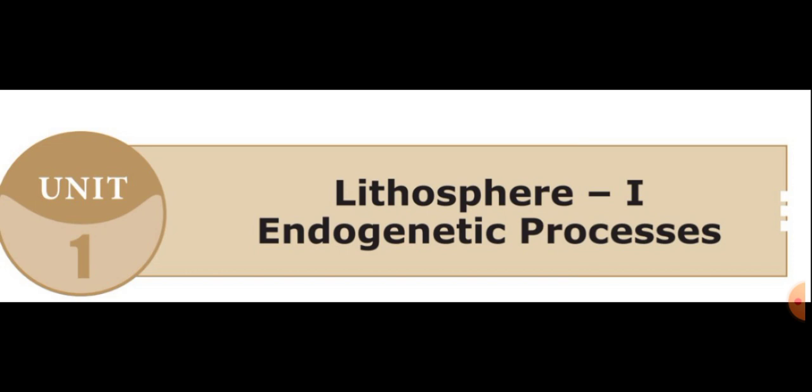Then finally we learned about the structure of the earth. Students, the structure of the interior earth is divided into three layers. What are the three layers? Very good. The crust, the mantle, and the core. We also discussed each layer.